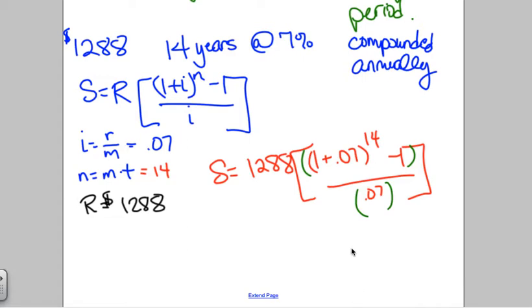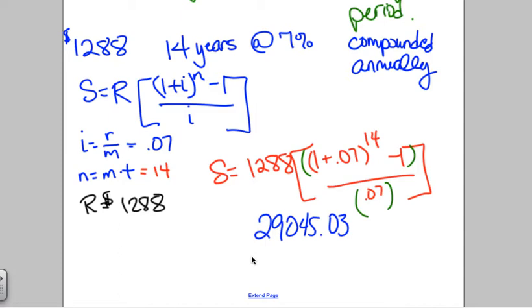So I have 1288 times 1.07 raised to the 14th power minus 1 divided by 0.07. And I get $29,045.03.